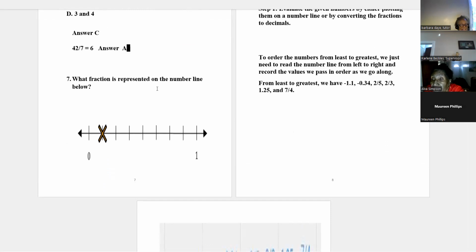Yep, what fraction? Maureen, you know what it is? Alva, do you know what fraction is represented on the number line? Is it 4? It says fraction. You're giving me a whole number. Okay, fraction.